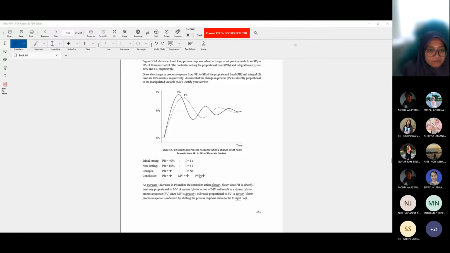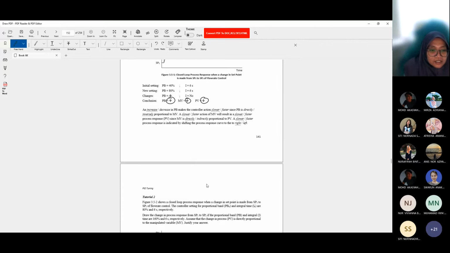Okay, you nampak this is 40% to 80%. So PB yang berubah sekarang adalah increment lah. Okay, the conclusion that we can make bila PB based on yang tadi lah. Bila PB increase, our MV would decrease, our PV pun akan decrease. Kan? Betul tak? Yeah.